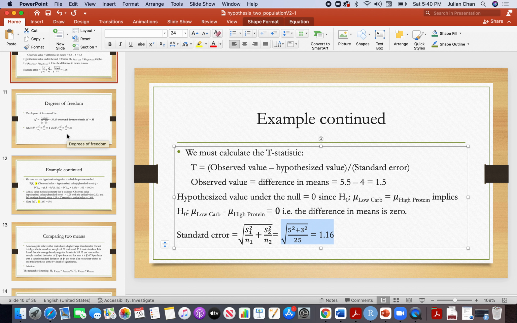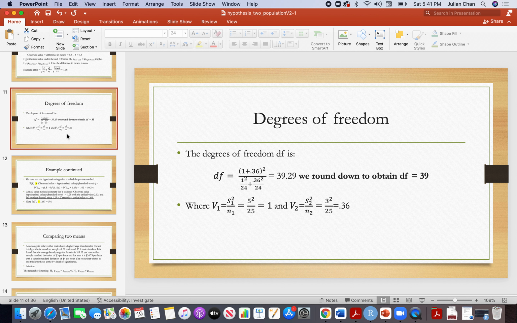Now, one of the other difficulties is that we have to calculate the degrees of freedom of the t-distribution. So with this data in this slide, we can form the t-statistic, but we also need to calculate the degrees of freedom of the t-distribution. The degrees of freedom is given by this formula, and we calculate that as 39.29.